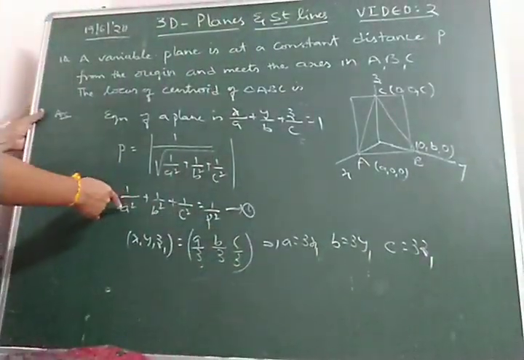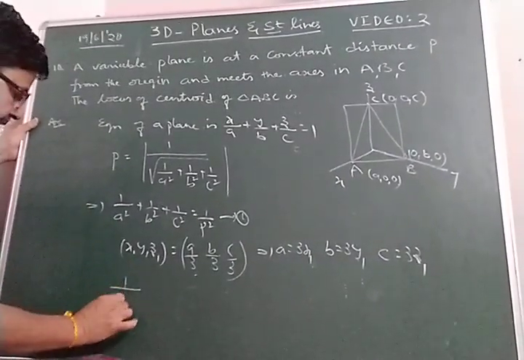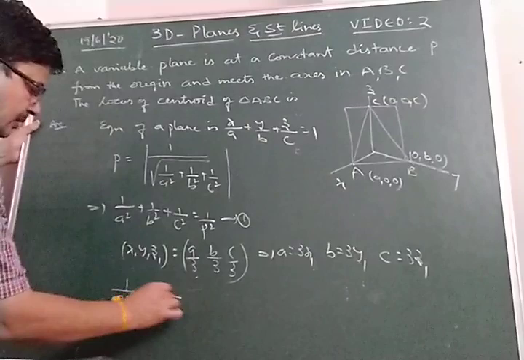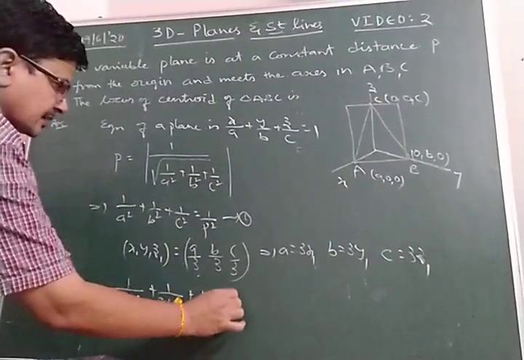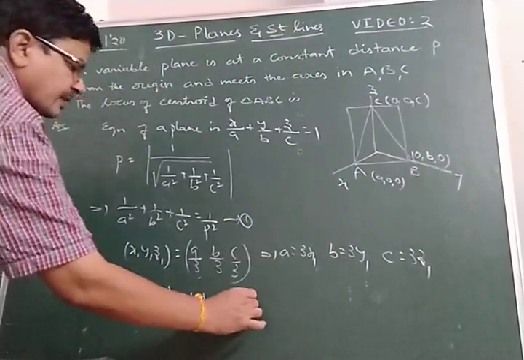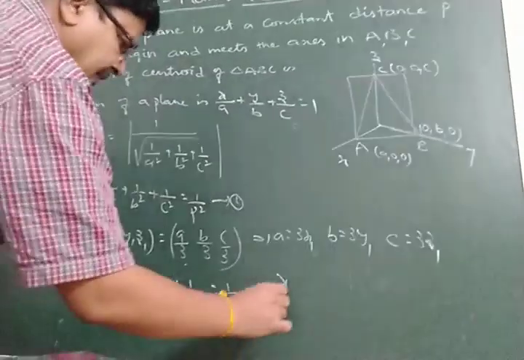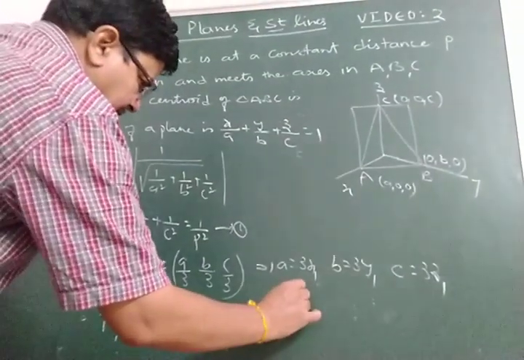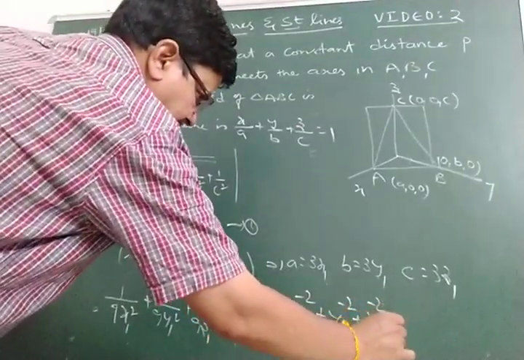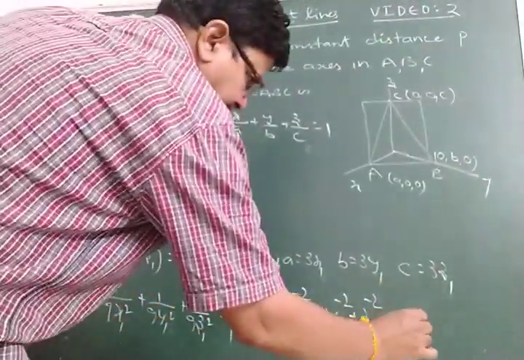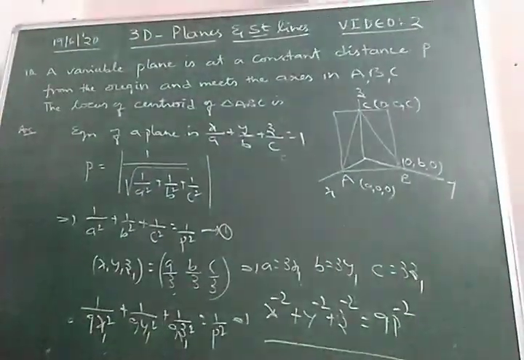Substituting these values in equation number 1, we get 1 by 9x1 square plus 1 by 9y1 square plus 1 by 9z1 square is equal to 1 by p square. So the locus of (x1, y1, z1) is x to the power of minus 2 plus y to the power of minus 2 plus z to the power of minus 2 is equal to 9 into p to the power of minus 2. This is the required locus.